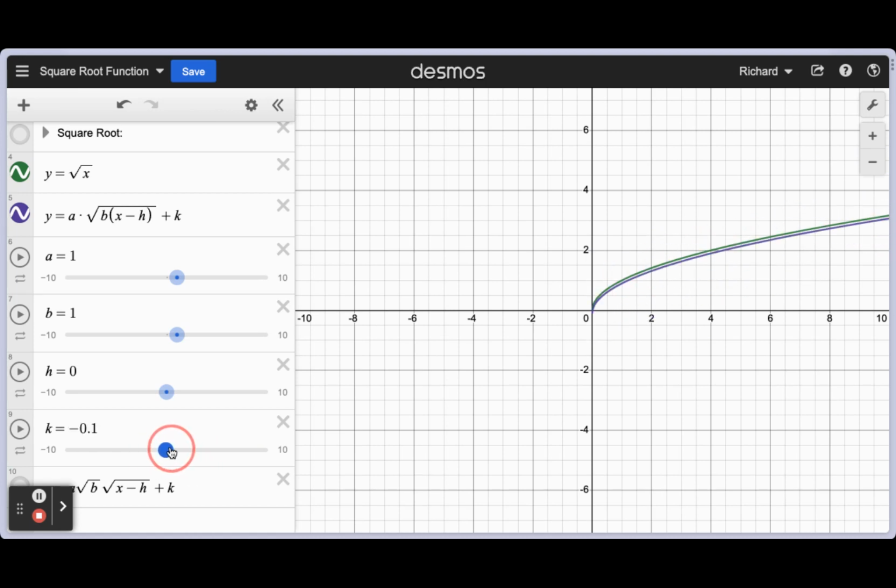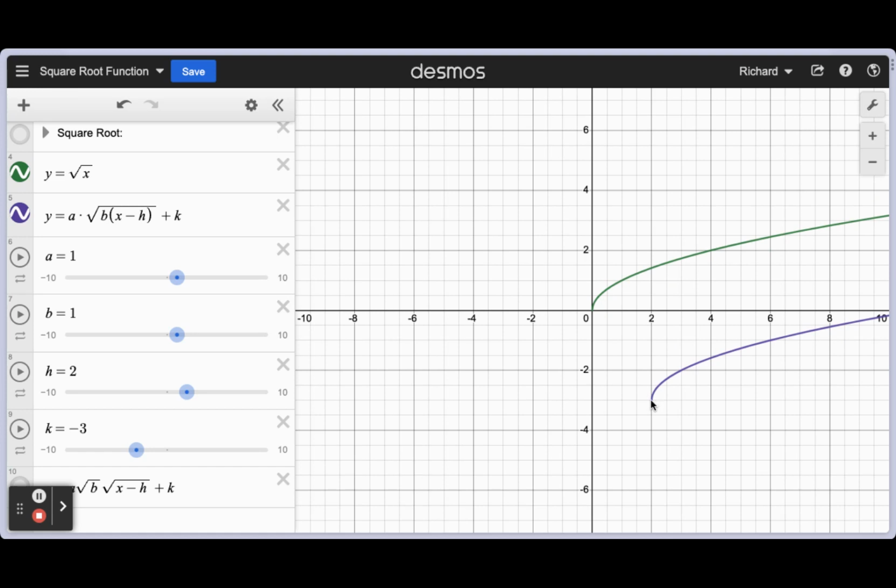Ultimately, when it comes to sketching it, I'm going to do an example in a second, you're having a look at where the end point is. So if I go H equals 2 and K equals negative 3, then the coordinates of the endpoint is now 2, negative 3.